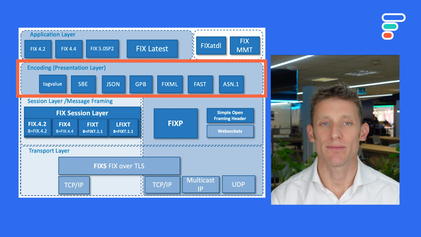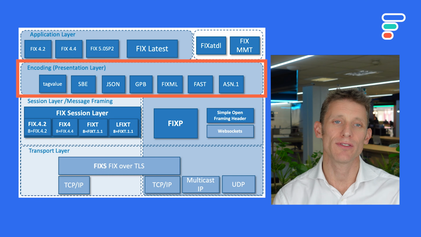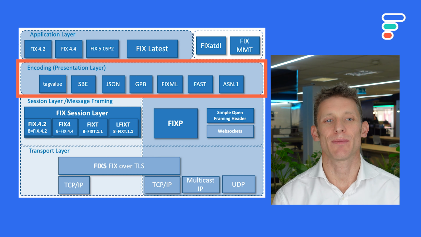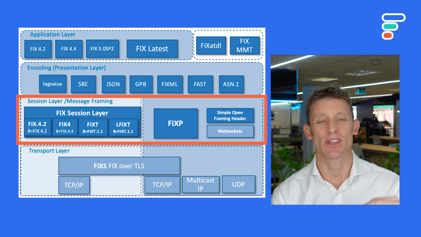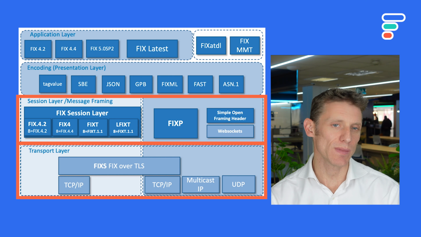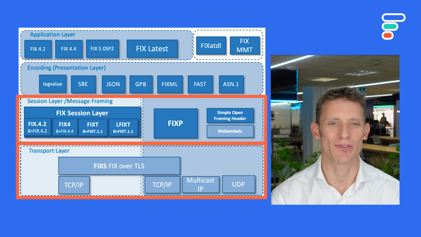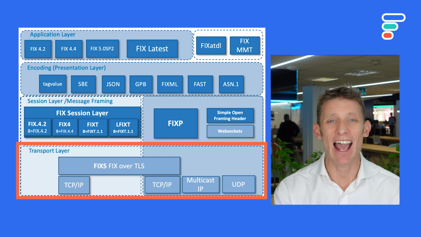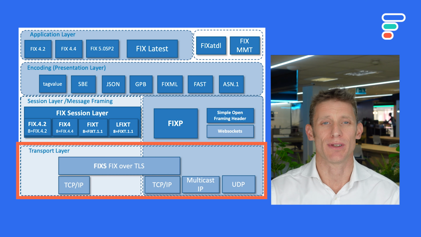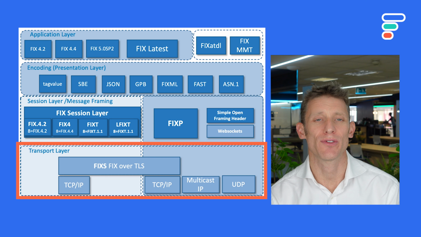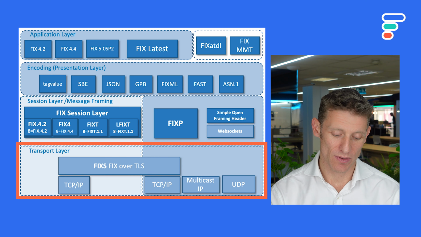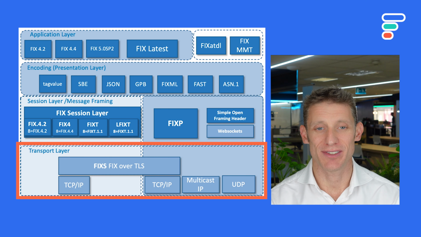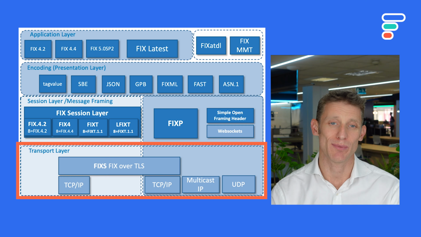So that's the encoding layer. We've built our content, we've encoded it. Now we need to think about putting it on the wire, and that's where the session and the transport come in. I deal with these in slightly the opposite order from the way that they're represented, and deal first of all with the transport. So this is physically, how does the message move from one place to another? There's a number of different options here. Broadly, they are in two camps. There is TCP/IP, which is a point-to-point connection.